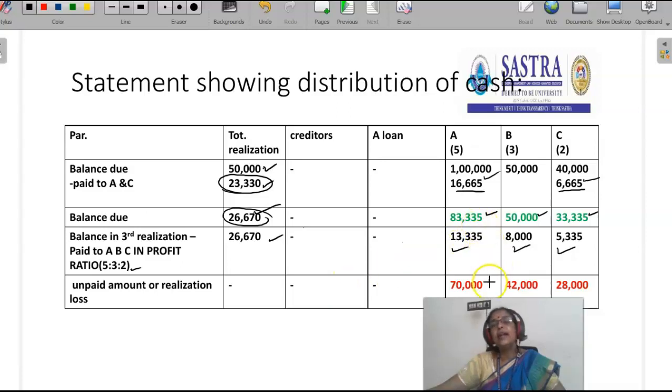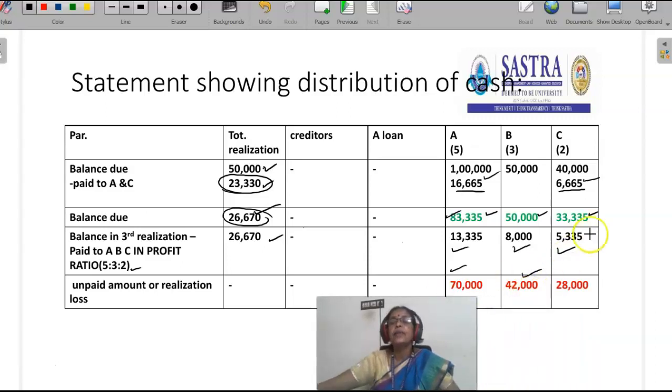So the balance due for A is 83,335. From 83,335, if we deduct 13,335, the unpaid amount or realization loss is 70,000. From 50,000, if we deduct 8,000, the unpaid amount or realization loss is 42,000. Then if we deduct 5,335 from 33,335, we get 28,000 rupees.